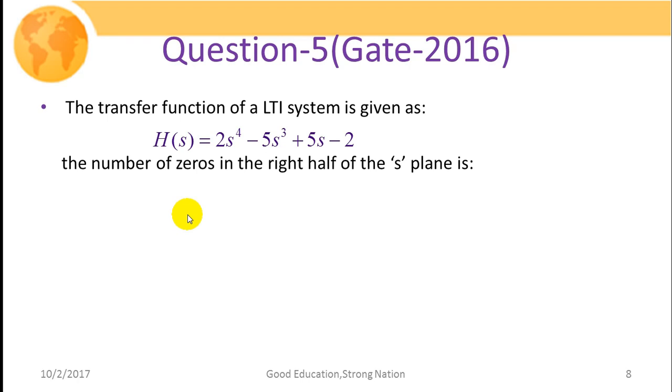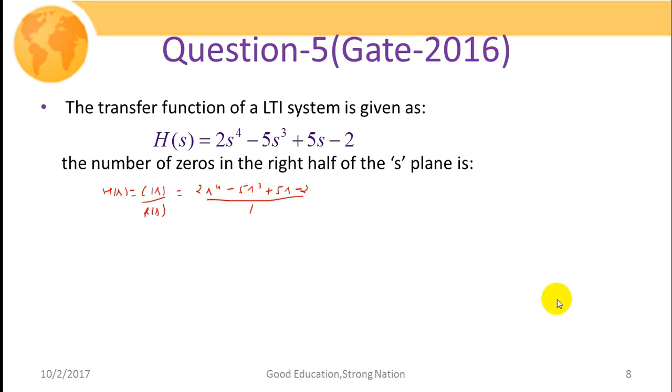So we are going to apply the same Routh criteria in the given question. Since the transfer function is the ratio of output upon input, it could be written as 2 times of s to the power 4 minus 5s cube plus 5s minus 2 divided by 1.